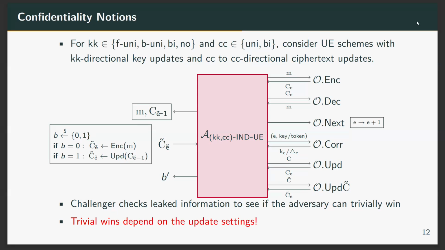You can update the ciphertext, for instance, and so on. In the end, the adversary will output a message and a ciphertext of it under some epoch. Then the challenger will either encrypt a fresh ciphertext or update the ciphertext. And the adversary needs to distinguish whether the ciphertext is a fresh ciphertext or an updated ciphertext.